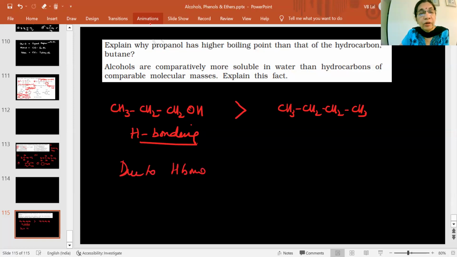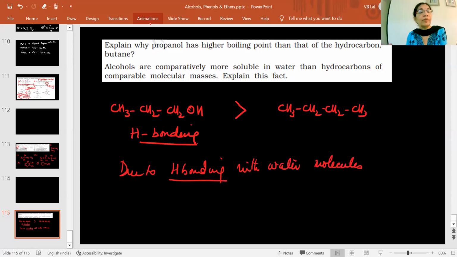So all physical properties of alcohols can be explained by hydrogen bonding. Why do they have a higher boiling point? Because of hydrogen bonding. Why are they water soluble? Because they form hydrogen bonds with water also. Alkanes have hydrophobic chains, so they are not soluble in water.